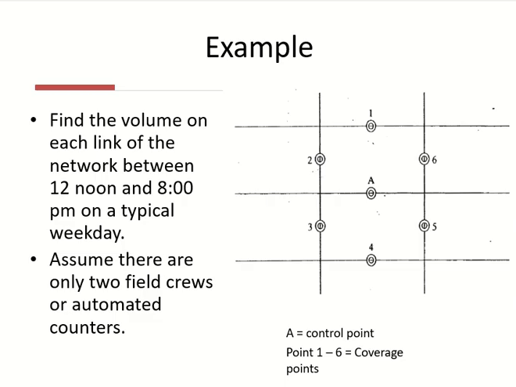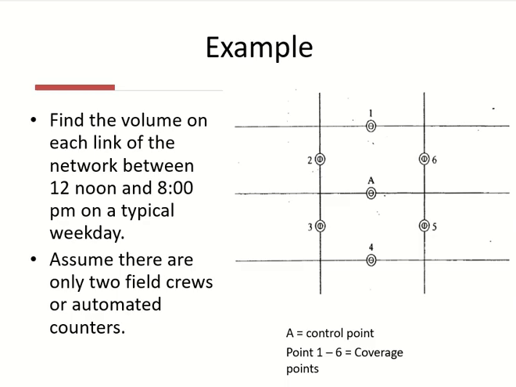So at a time they can do 2 points, and one of those points has to be A, because I need the full count here, so I cannot remove the counter from here. In the 8 hours, the counter will remain here. So they only have one left now. They have one team or one counter left for the remaining 6 points.